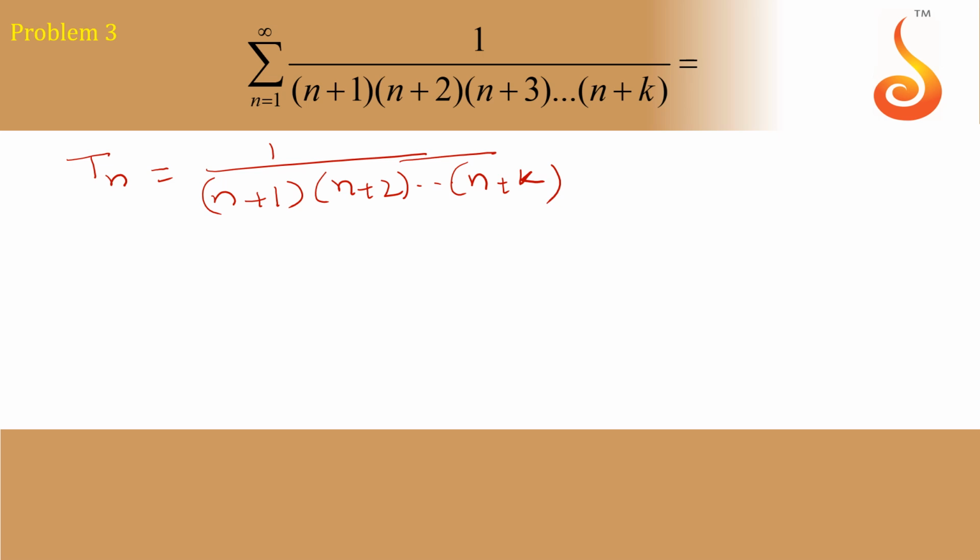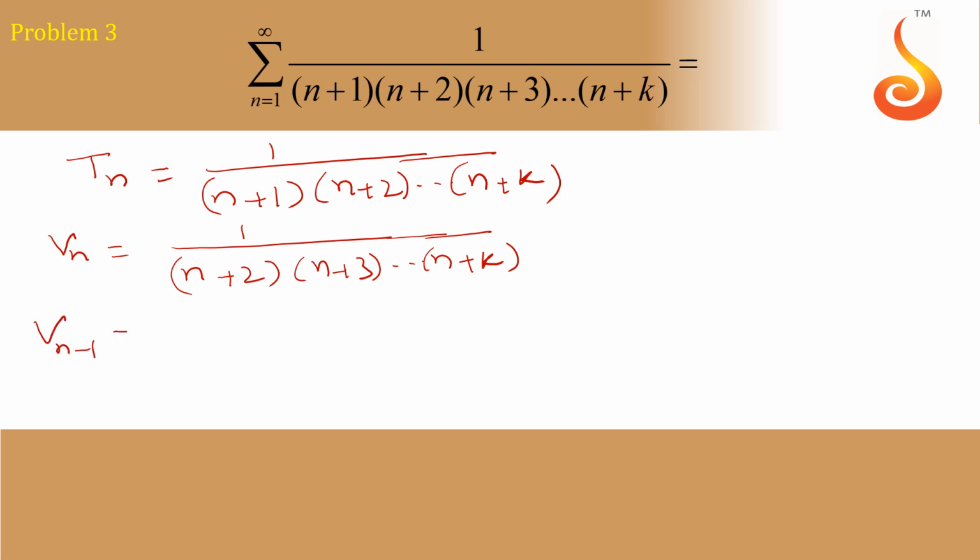Then the creation of Vn should be like this. You should remove the first term in the denominator, that is 1 by n plus 2 into n plus 3 into so on, n plus k.